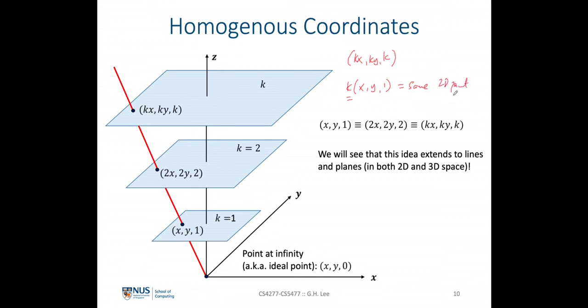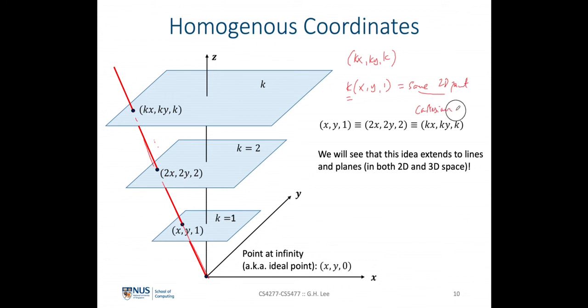And what we can see here is that since k over here is a scalar, this means that x, y, and 1, and 2x, 2y, and 2, as well as all the way until kx, ky, and k, they all represent the same point. And if we were to join all these points together, it actually forms a ray that joins all these points that represent the same 2D point in the Cartesian space.